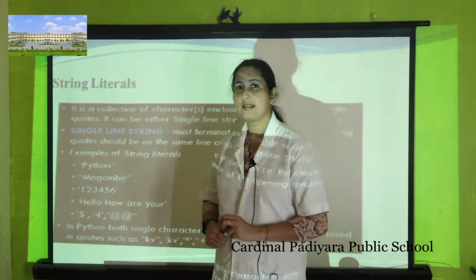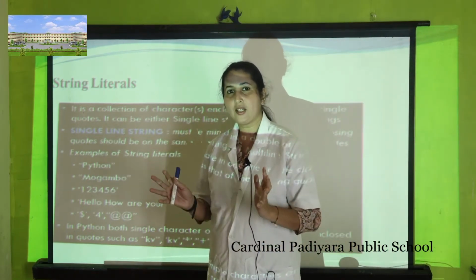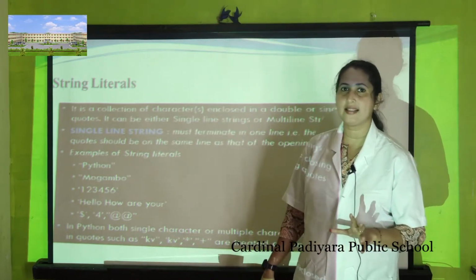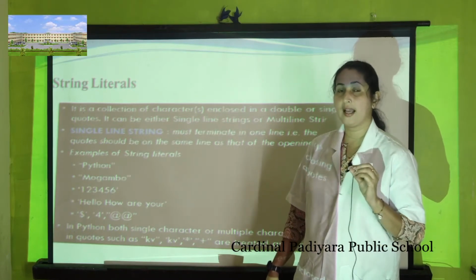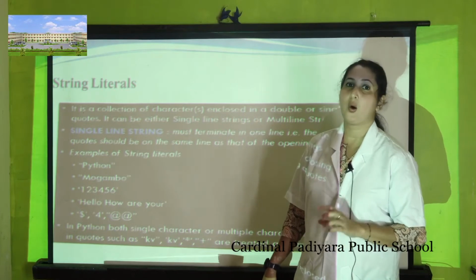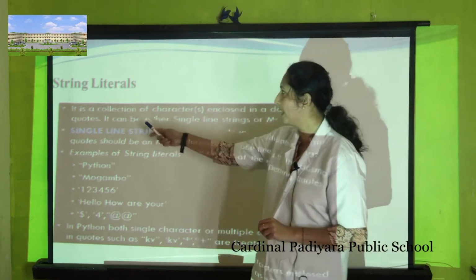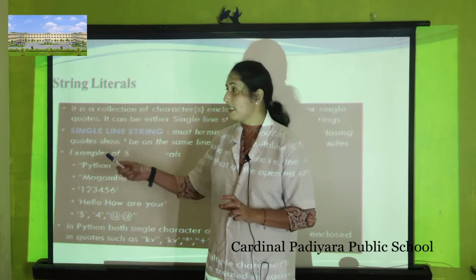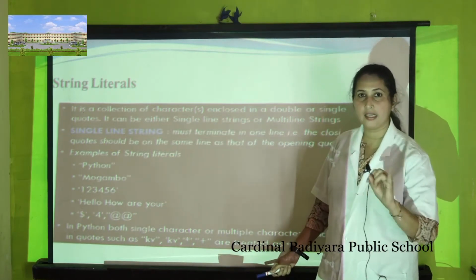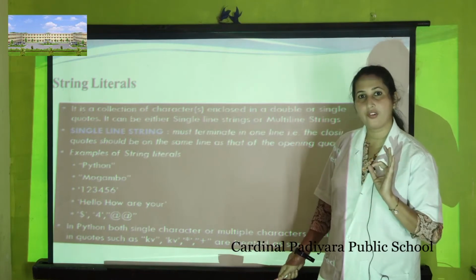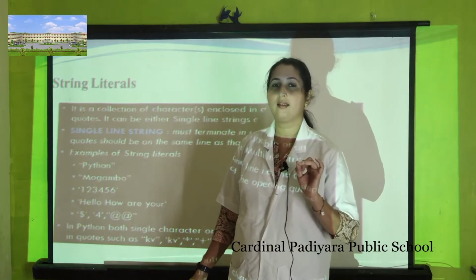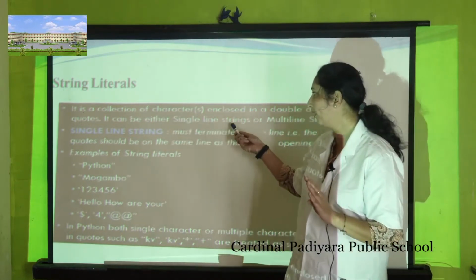String means what? A combination, collection, or sequence of characters is termed a string in a program. In the case of string literals, the string should be written in single quotes, double quotes or triple quotes.